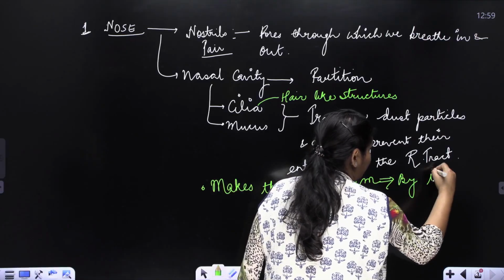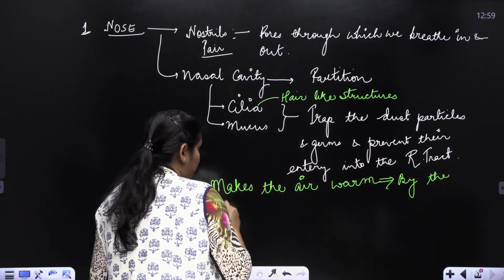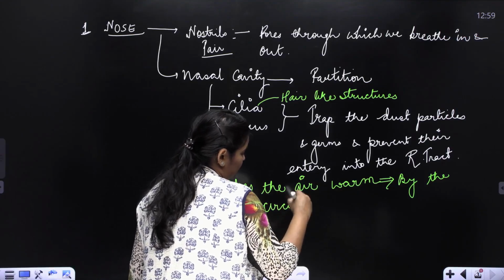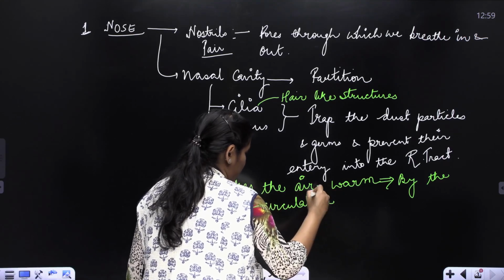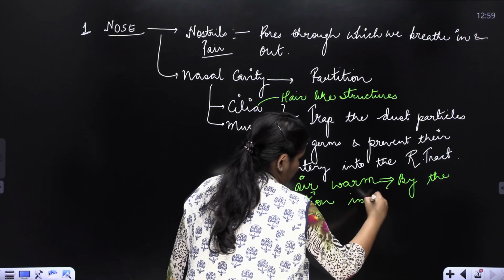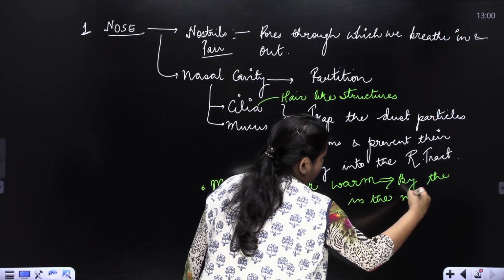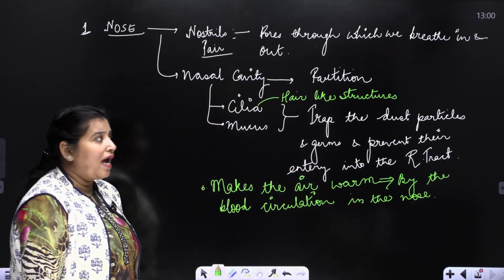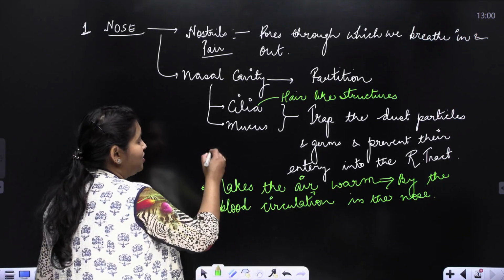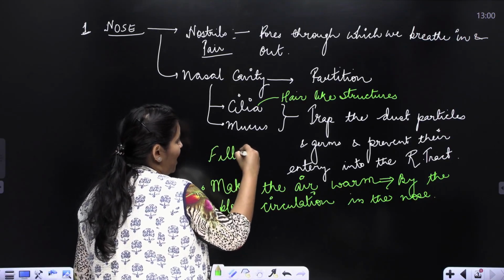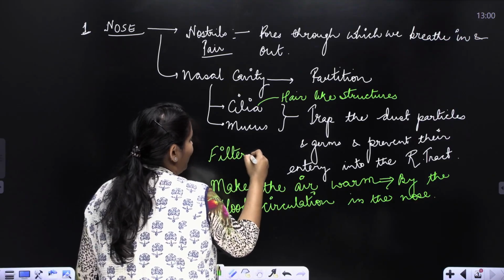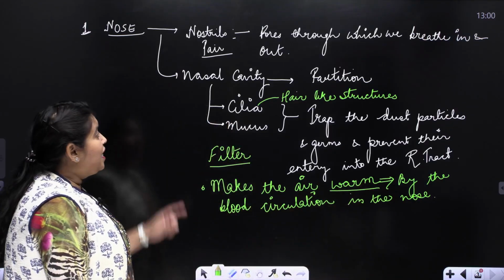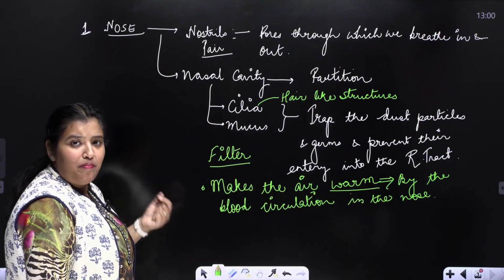By the blood circulation in the nose. This makes the air warm in the nasal cavity. So, filtration takes place and the air gets warm. These two things happen in the nasal cavity or the nasal passage.